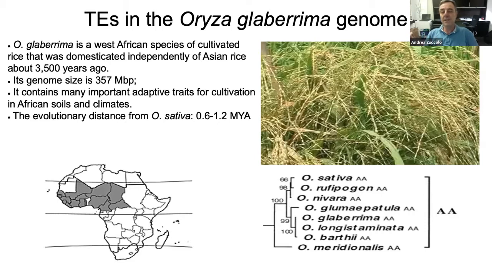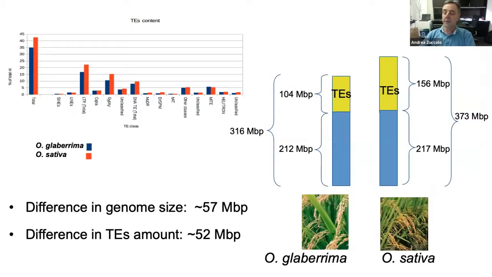The sequencing was done with Sanger and at the time also 454. The genome size of this species is 357 megabases. It contains many important adaptive traits for cultivation. And what is interesting, especially for me, is the evolutionary distance from Oryza sativa, just 0.6, 1.2 million years.